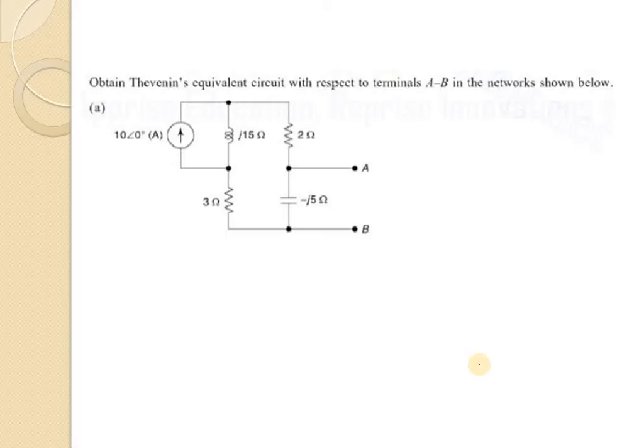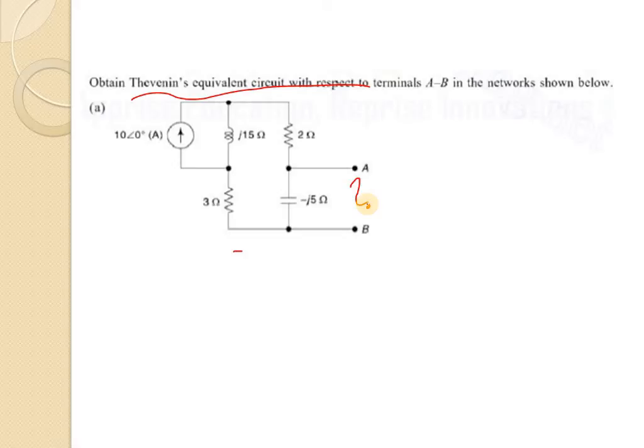Let us consider in this problem Thevenin's equivalent circuit is given and we have to form the equivalent Thevenin circuit across terminal AB. That means in this problem the load resistance value is not given. Okay, and we have to calculate the Thevenin's equivalent circuit with respect to AB terminal.